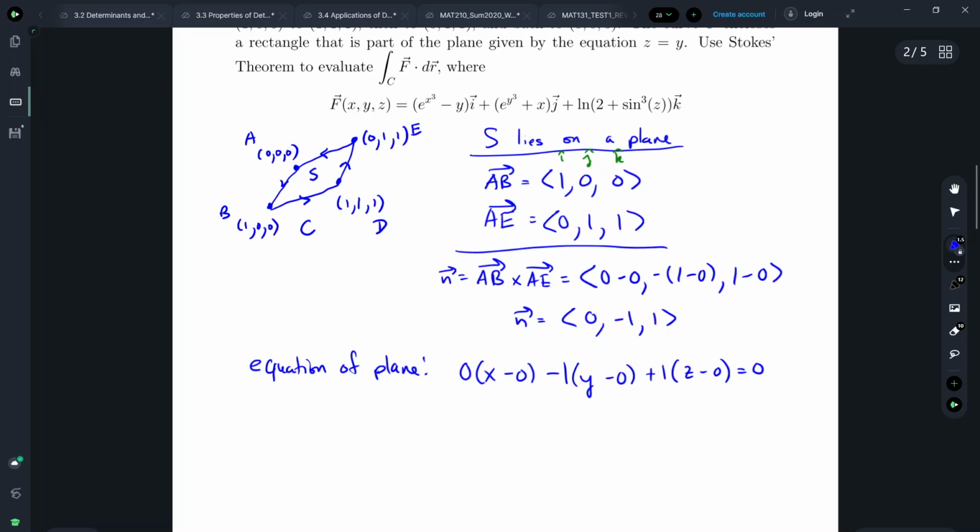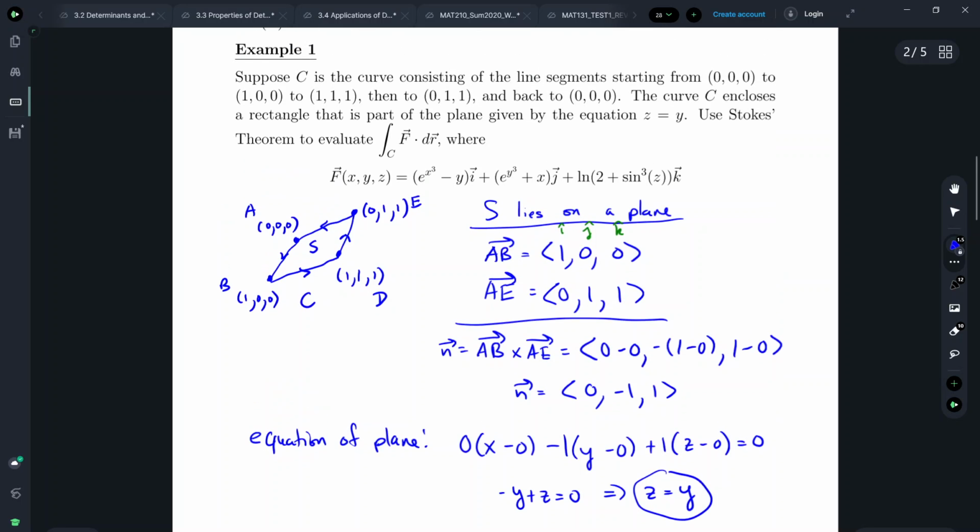And so you get minus y plus z, and so z is equal to y. Okay, so I get this equation for the plane, right? Again, the equation is already given to us as part of the problem, but I just wanted to do this calculation to give you an idea of where this equation is coming from.